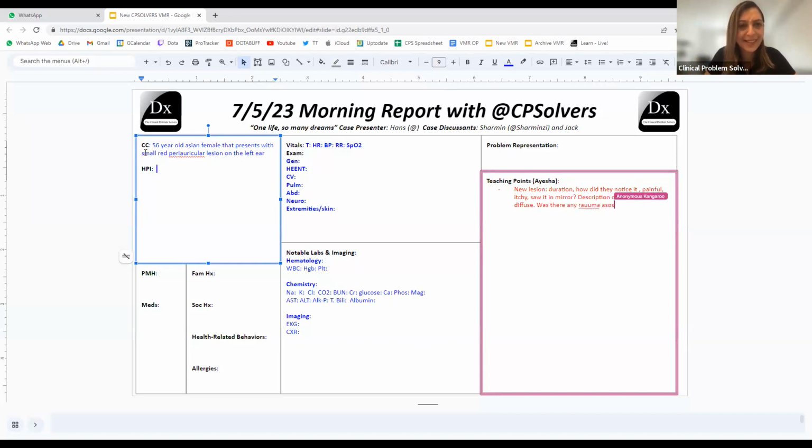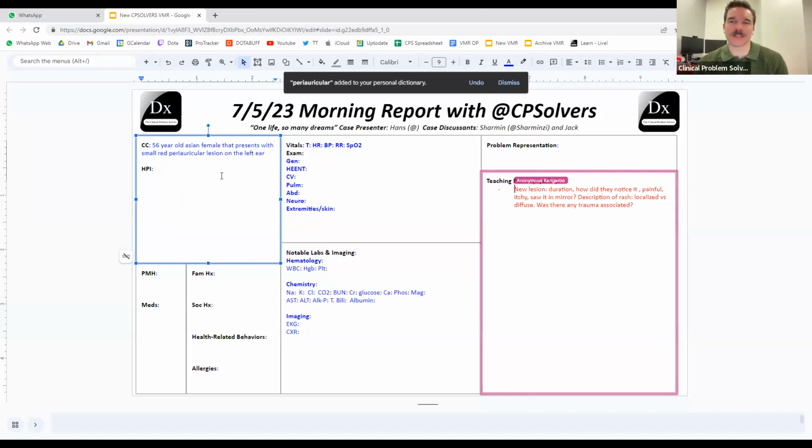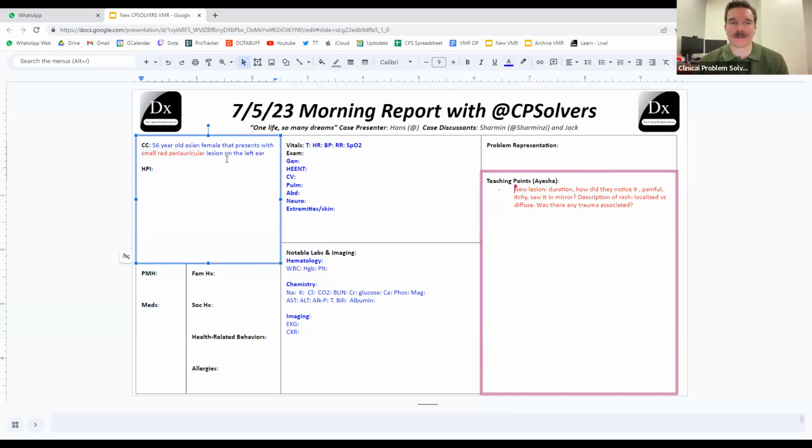Jack, anything to add? No, I think I am in the same boat as you in terms of not necessarily having an organized approach to this. Another thing I end up thinking about whenever something seems non-specific to start, rather than focusing on the non-specific thing, like a possible skin lesion, is to look for the company that skin lesion keeps, or the company that symptom overall keeps.